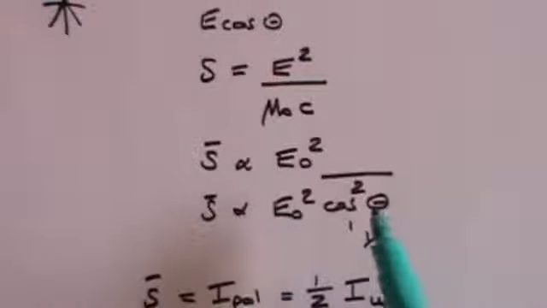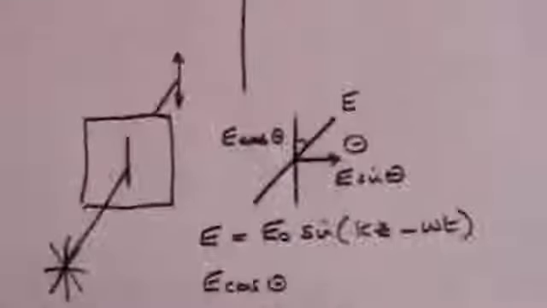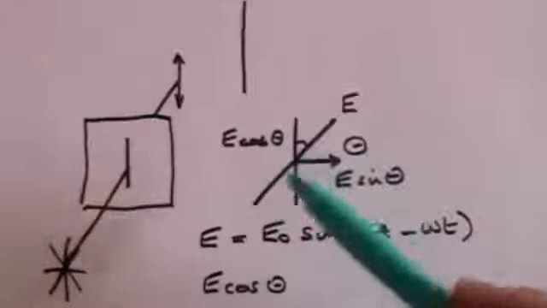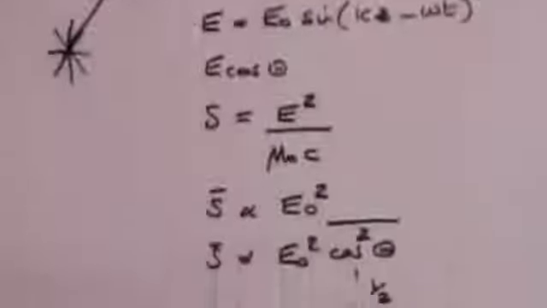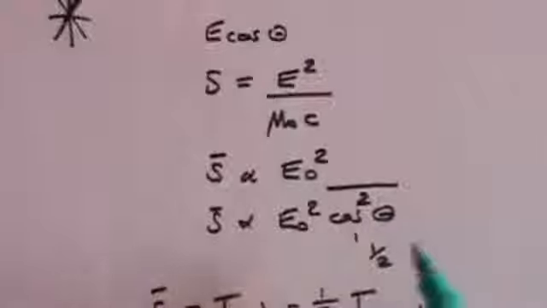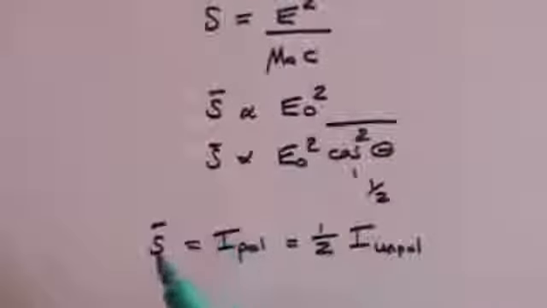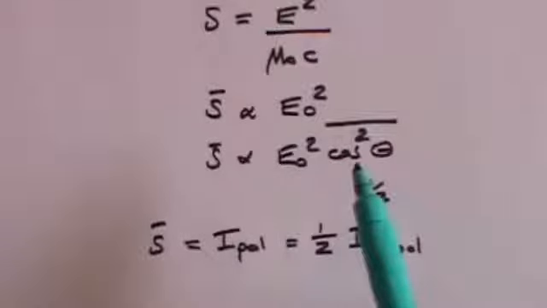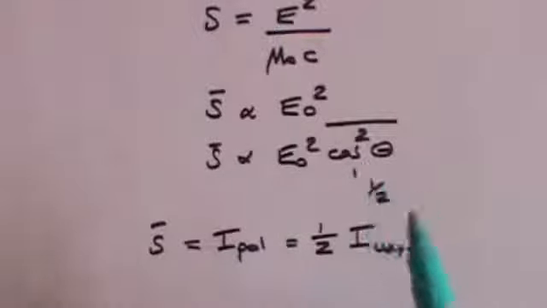But the average of cosine theta squared, since theta will vary from 0 to 360 depending on which angle the E fields are oscillating, and they will be oscillating in all directions, the average value of cosine theta squared is 1/2. And so that's how you get that the average value of the pointing vector, which is the same as the intensity of the light that's gone through the polarizer, is E naught squared cosine theta squared, which is 1/2 what you had to start with.